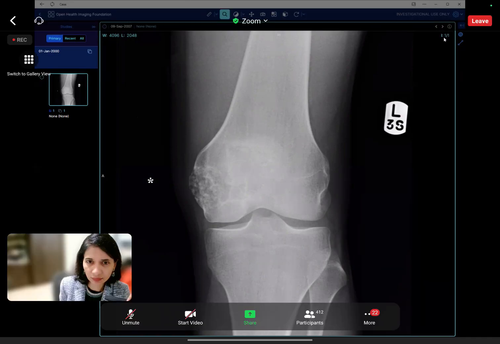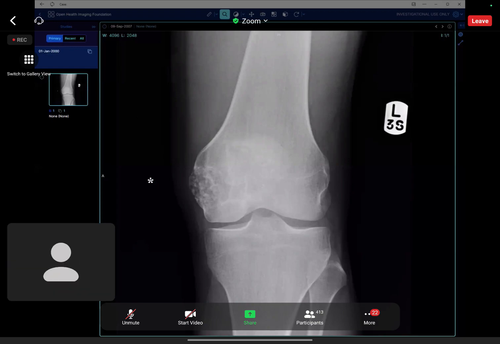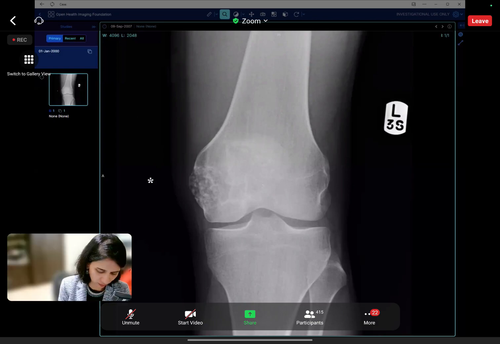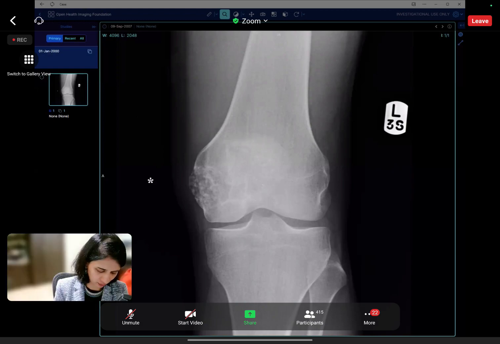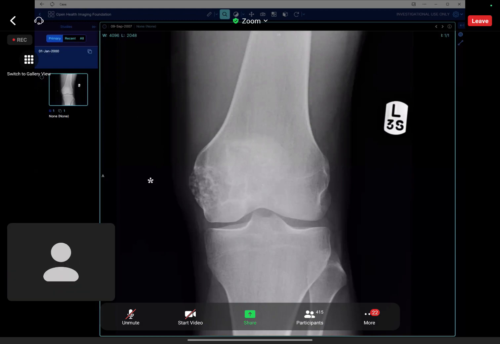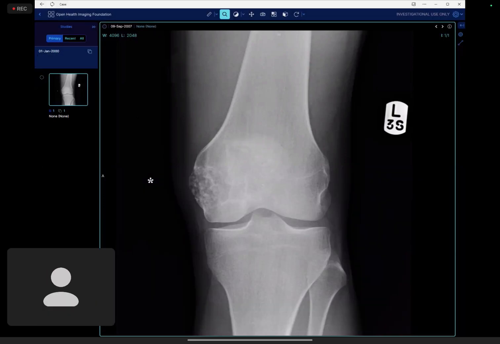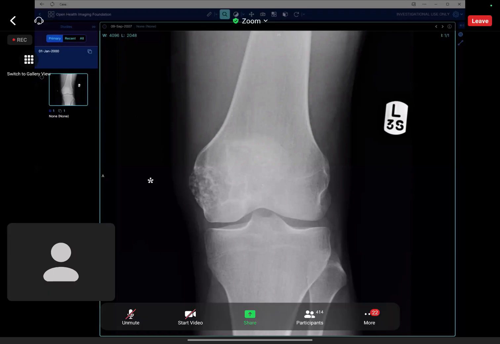So my differential for this would be a well-defined chondroid lesion like a chondroma. However, the site is metaphyseal, so another differential would be giant cell tumor in this patient.